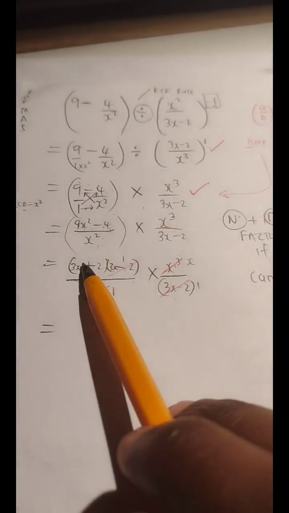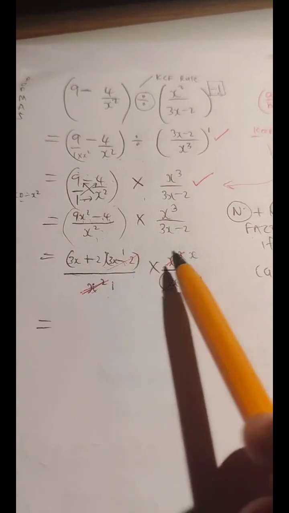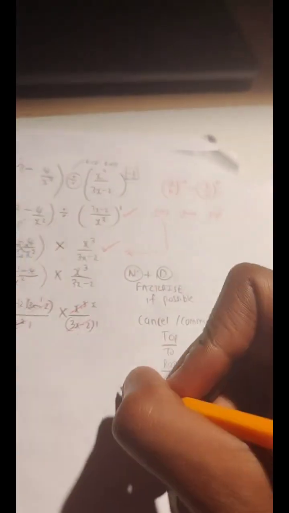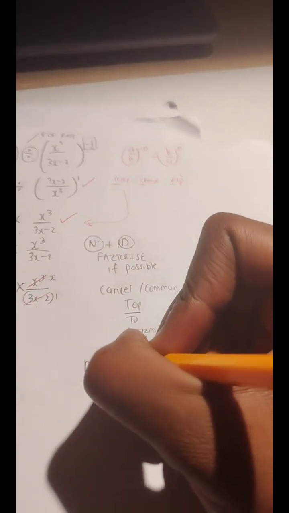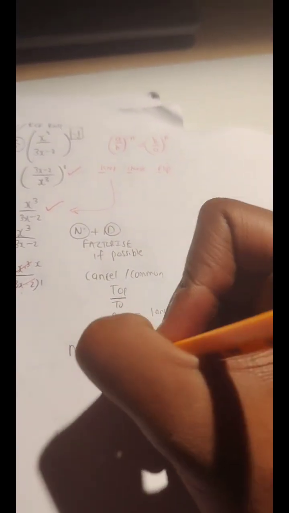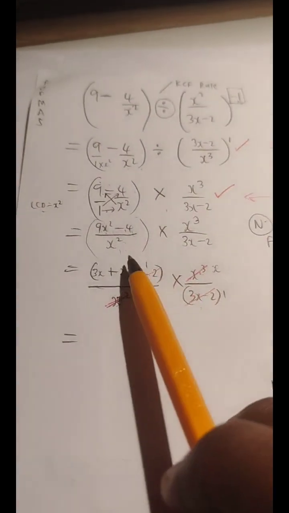So now, with what has been left over, we take this 3x plus 2, we are going to multiply it with x horizontally. Multiply all top, multiply all bottom. Once the cancellation has been done, you multiply all top, multiply all bottom.